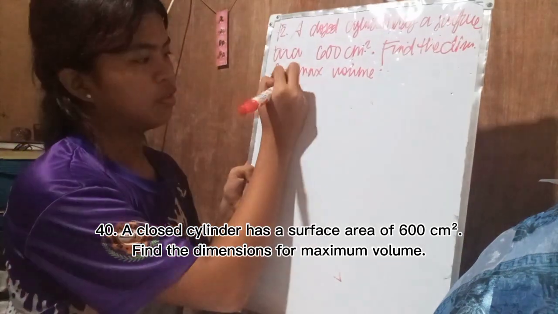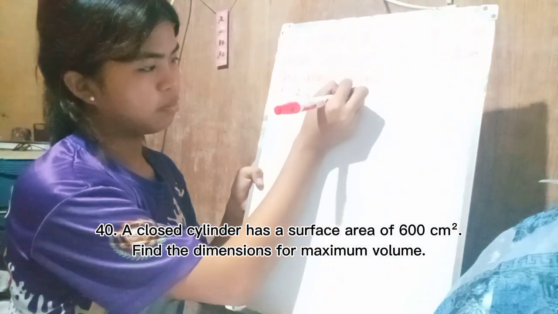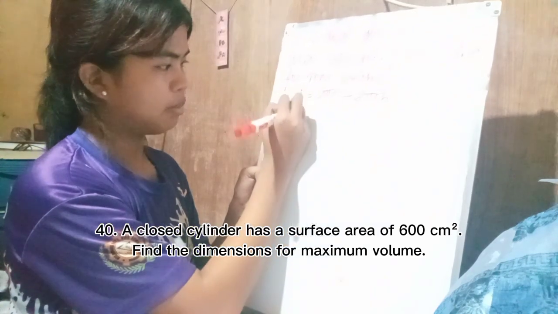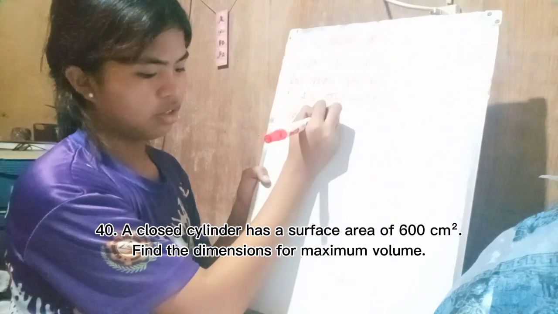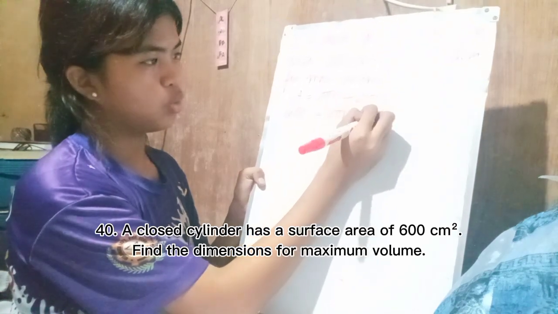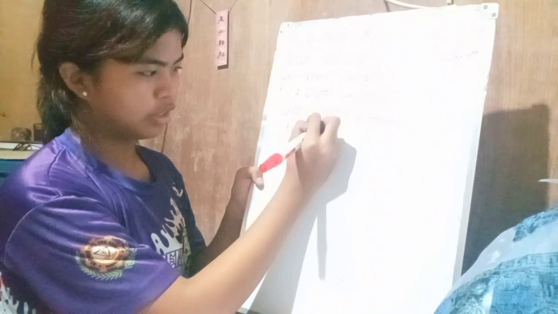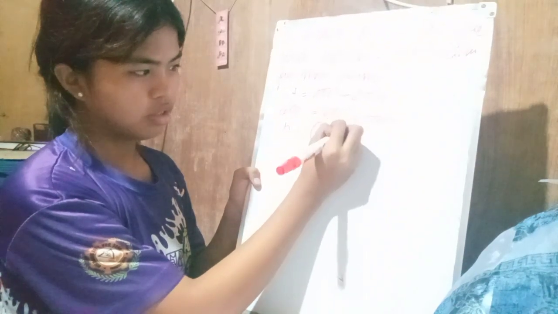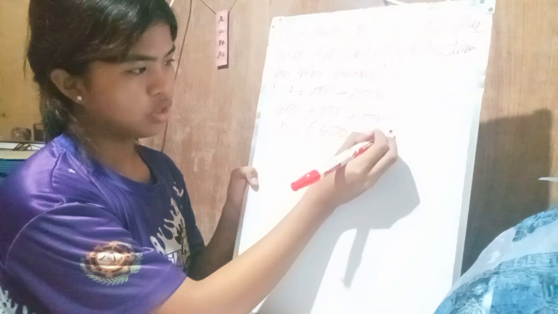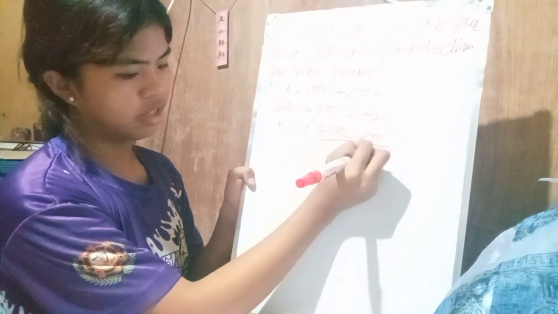Surface area is 2 pi r squared plus 2 pi r h, and that equals 600. We substitute, so 2 pi r squared plus 2 pi r h. After that, we put in parentheses 600 minus 2 pi r squared over 2 pi r.